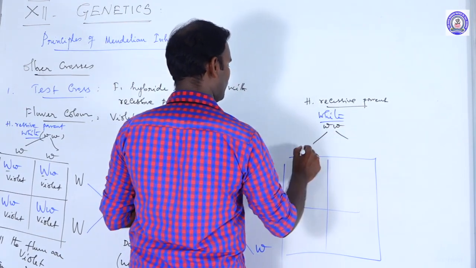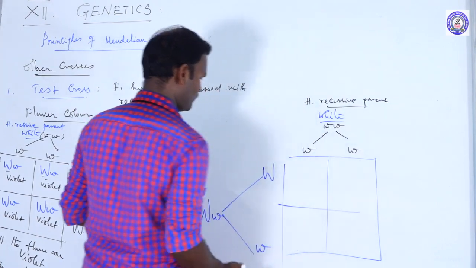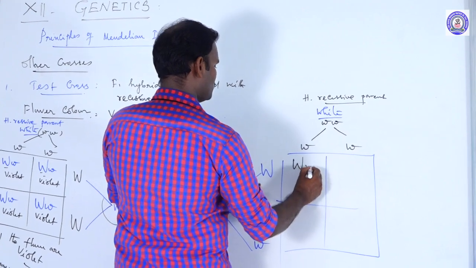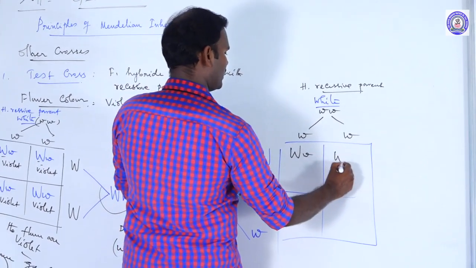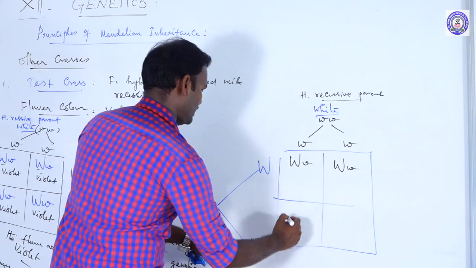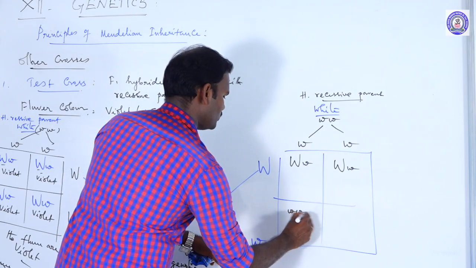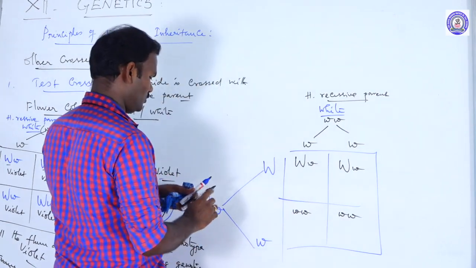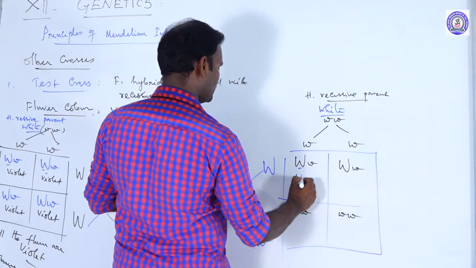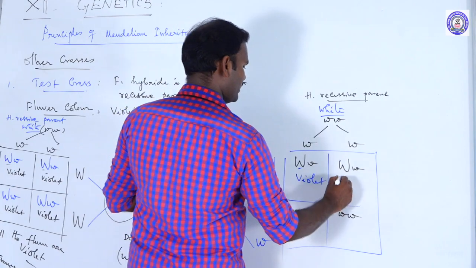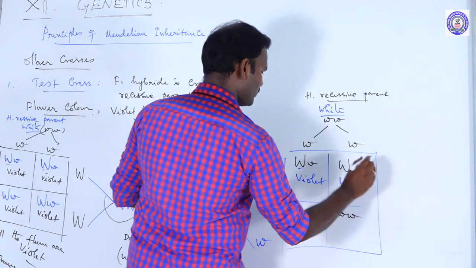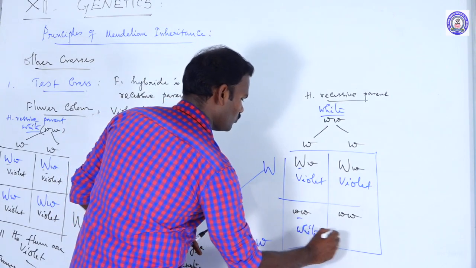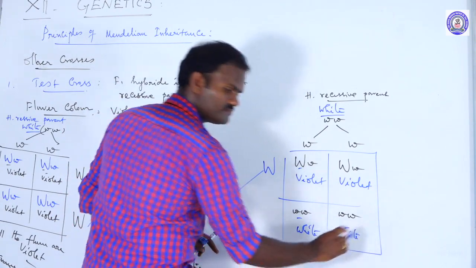It produces gametes small w. So here we get capital W small w, capital W small w, and here small w small w, and small w small w. Phenotypically, capital W small w is a violet flower, and it is also violet. But the small w small w ones are white flowers, and this is also a white flower.